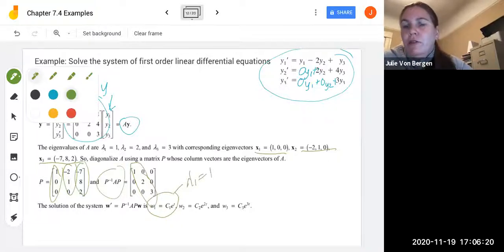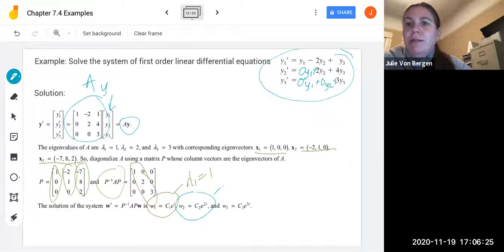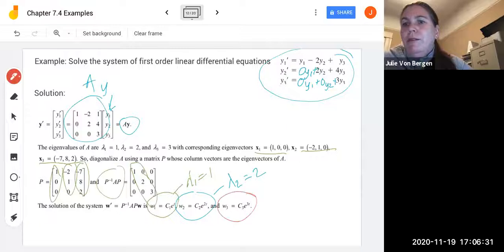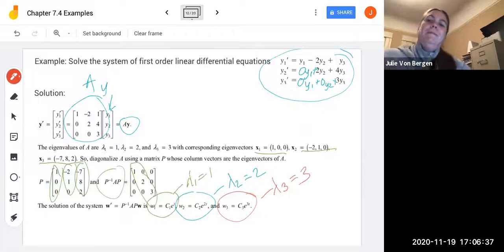The second solution, W2, is C2 e to the 2t because our second eigenvalue is 2. And the solution to W3 is C3 e to the 3t because our third eigenvalue is 3.